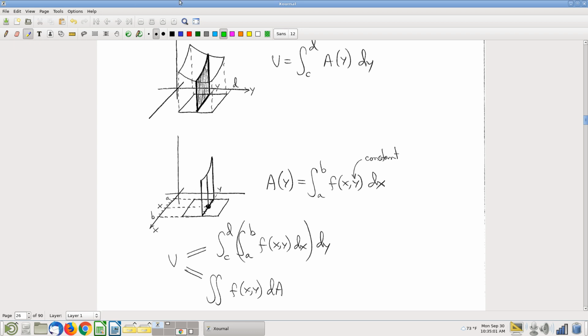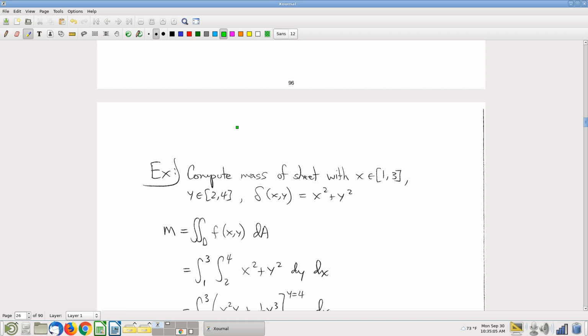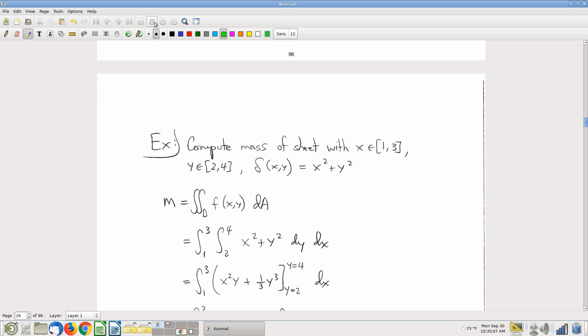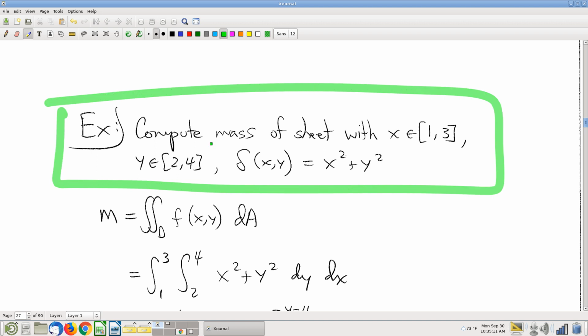Okay. Alrighty. So here is an example of how to do this. Suppose I want to compute the mass of a sheet of metal that sits over a rectangle in the XY plane. Let me draw that picture in the XY plane.